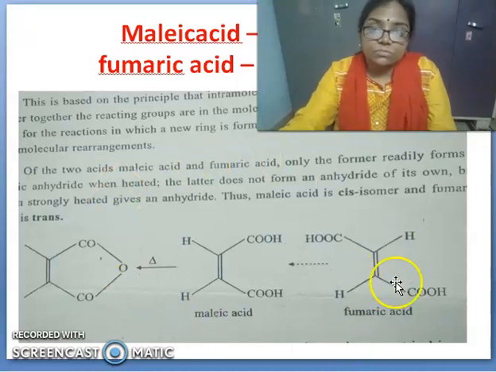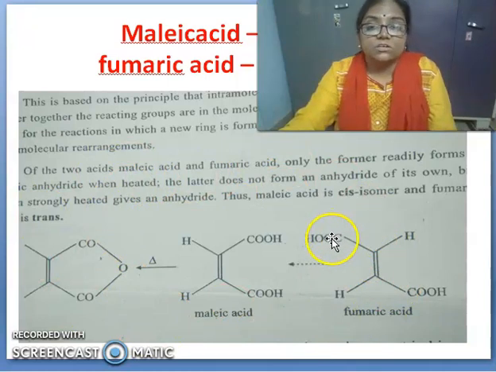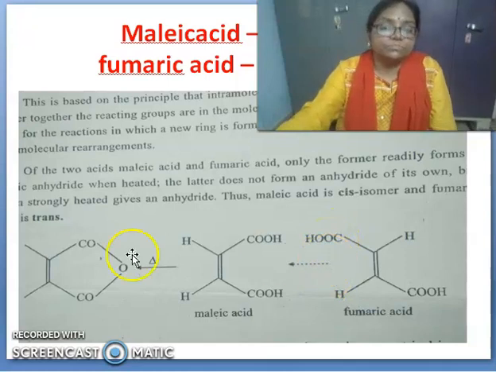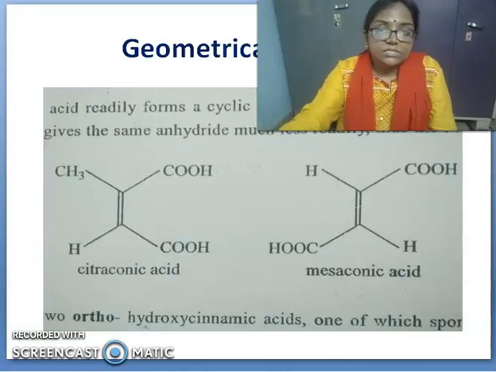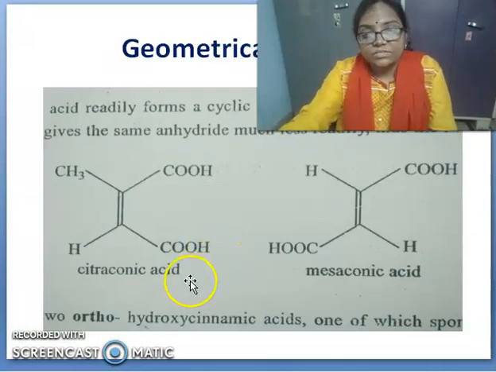So this is one of the best methods. The method of cyclization is one of the best methods to differentiate a cis isomer from the trans isomer. There's another example here, citraconic acid and mesaconic acid. Citraconic acid is a cis isomer and this is a trans isomer.